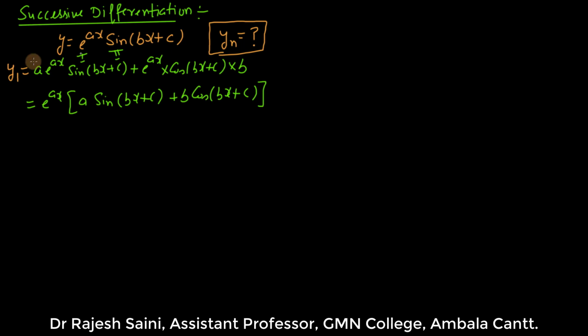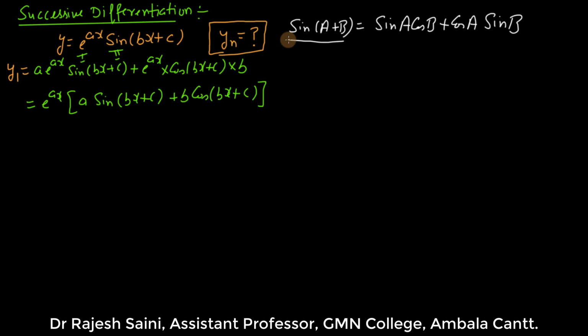But we know one formula, you remember, that sine a plus b is nothing but equal to sine a cos b plus cos a sine b. Fine. So here sine is present. So if I want to make it as the formula for sine, here sine is present, here you need to put the cos, and here cos is present, you need to put a sine.